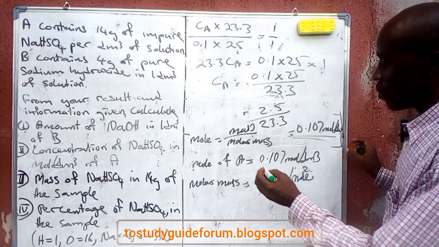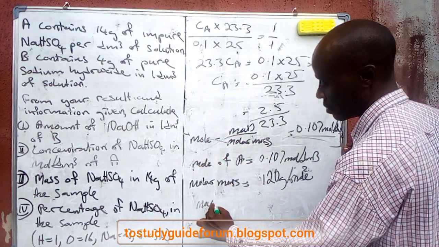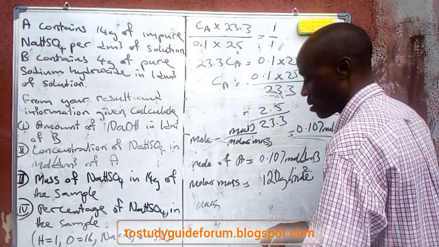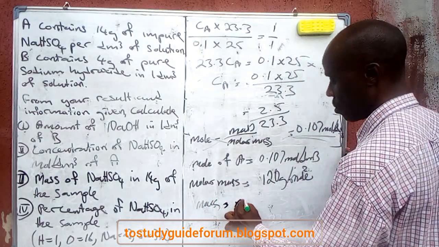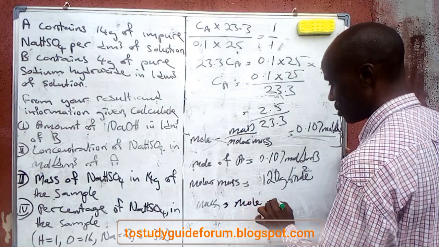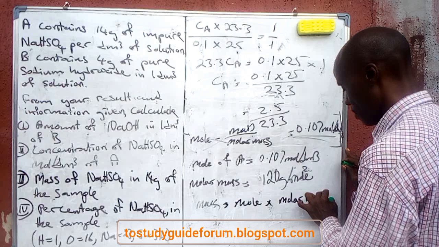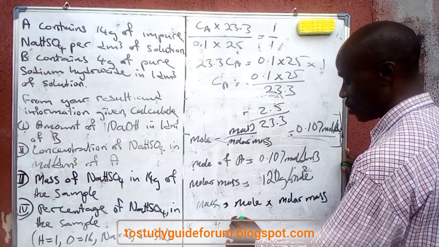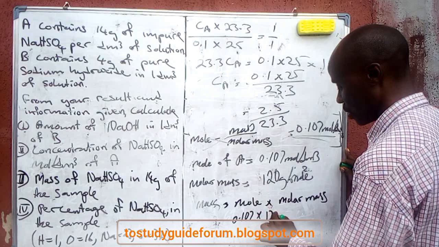So then, if you cross multiply this equation, we have mass equal to mole times molar mass. And molar mass, we have it to be 120, so 0.107 times 120.